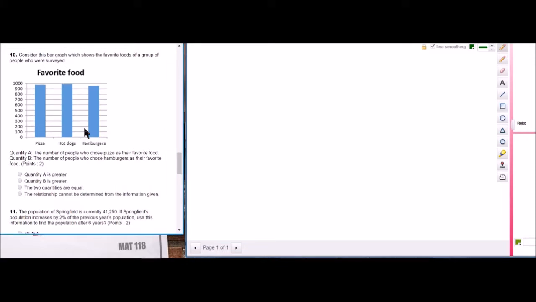Looking at these bars, it's really not broken down very well. If someone said hot dogs versus hamburgers, we can distinguish that. Pizza versus hamburgers is really close. Obviously, the pizza does look a little higher.